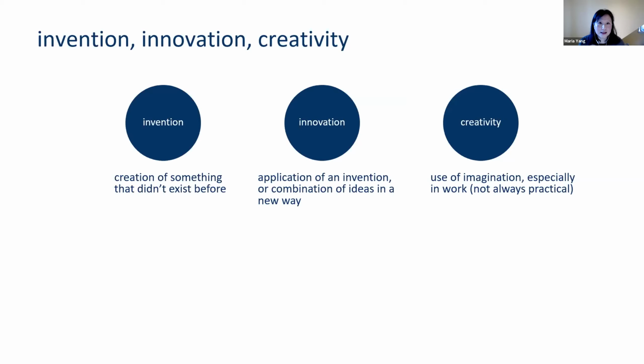Okay. I will also say, this is my pet peeve. There's a difference between invention, innovation, and creativity. Invention is focused on something that didn't exist before. So this is a chemical composition. I don't know if anybody knows what this is. Any chemists in the room? I have had like 2 people guess correctly, so I was really surprised.